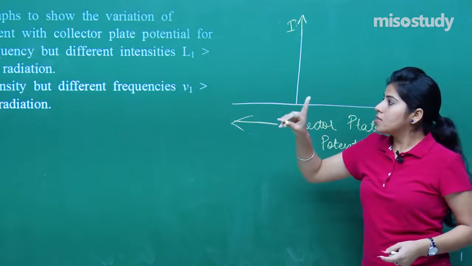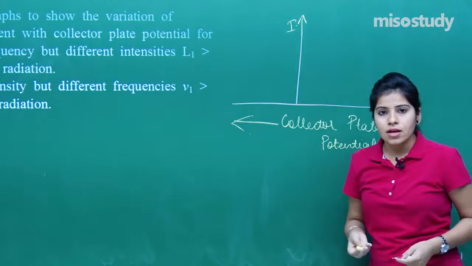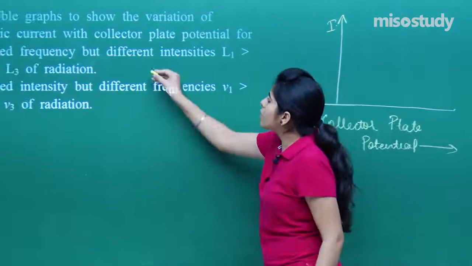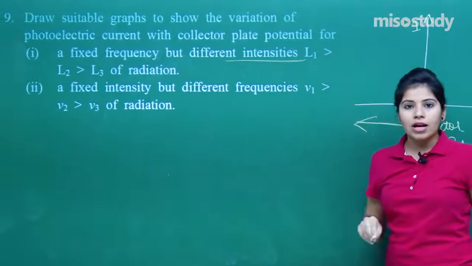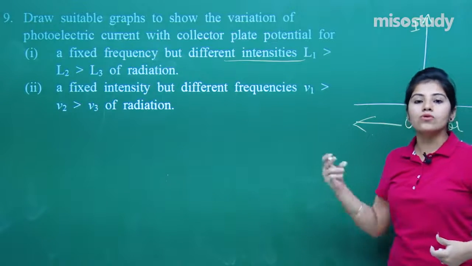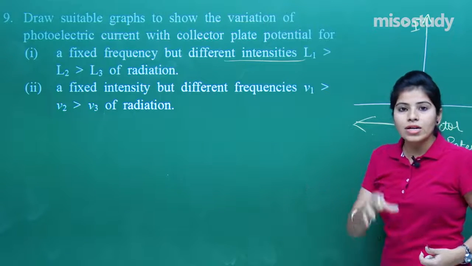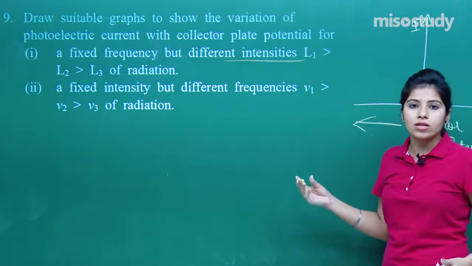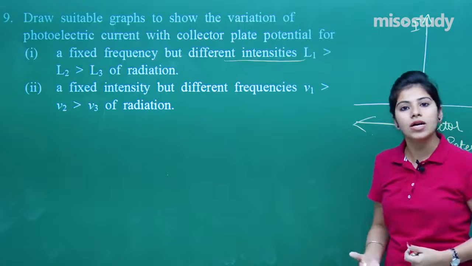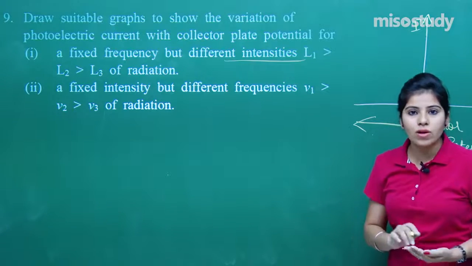The first part is a fixed frequency but different intensities. Now see, I told you that when the intensity is changed, the number of photoelectrons emitted is affected. More the intensity, more the number of photoelectrons, and so more will be the current. So if your intensity is changing, your current will change.